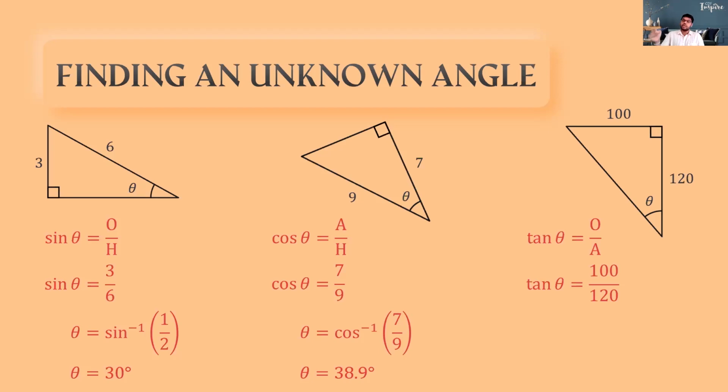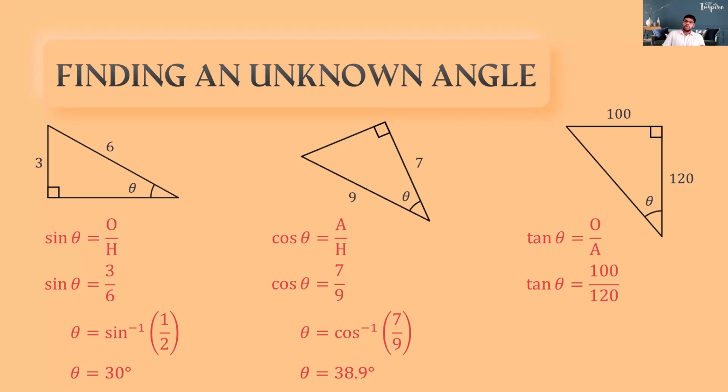Children, remember 100 over 120 can simplify. So Tharuli is asking, sir, should it be rounded to one decimal place or two? It will be said in the question. Most of the time it's one decimal place, but it can be two decimal places also. Depending on the question, they will ask you to round it off to that number. Then you can give the answer.